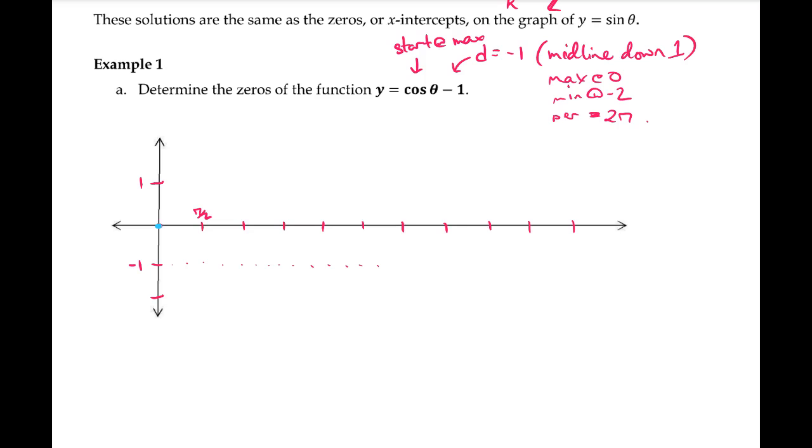So maximum, midline, minimum, midline, maximum. And again, we're coming back to that original starting point, so we can restart the cycle at 2 pi. And I would keep going in this way.